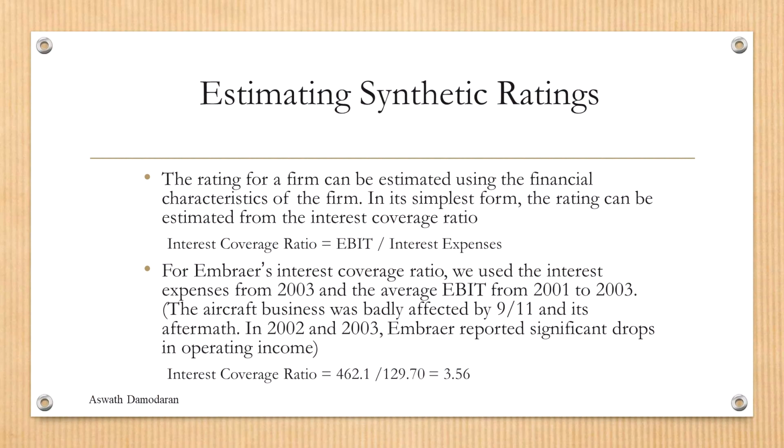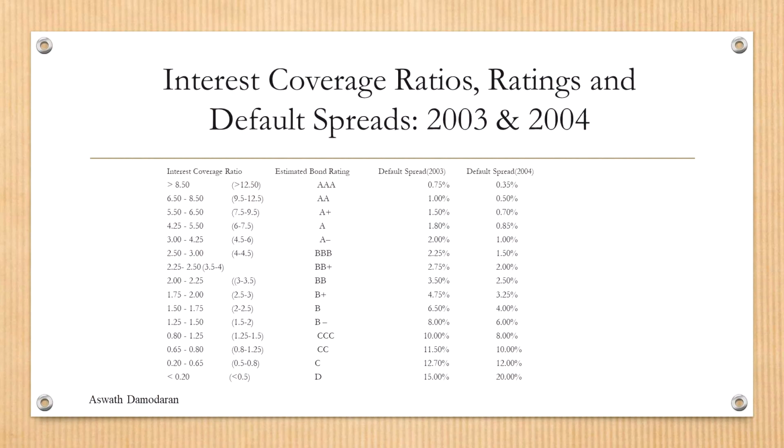So if this company has an interest coverage ratio in year 2003 of 3.56, this 3.56 interest coverage ratio corresponds to an A minus credit rating. And in year 2003, the default spread is 2%. So a comparable financial ratio leads to a comparable bond rating as well as a comparable default spread.